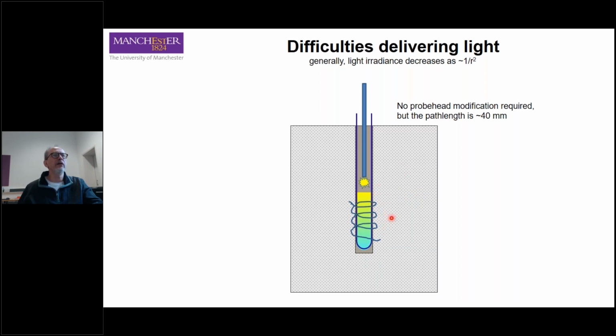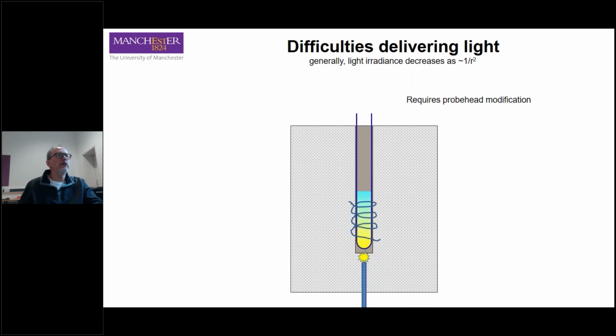Also, if you shine light from the top, the path length here is very long, typically more than 4 centimeters, meaning significant non-uniformity, especially in light-absorbing samples. You can illuminate from the bottom as well, but the same problem remains with the path length and absorbance, and additionally probe head modification would be needed.